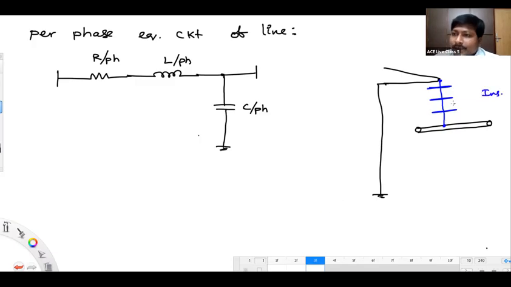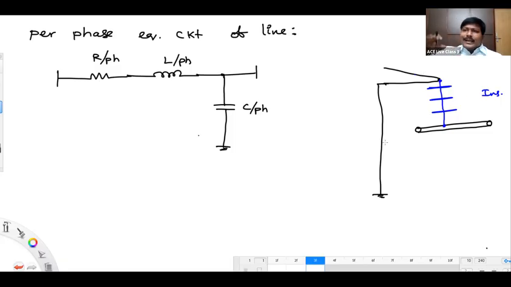So why are we keeping that insulator? Already we said, in order to withstand the electric stress experienced from conductor to tower, we are keeping that insulation. That's one reason. The other reason is to avoid flashover between the conductor and tower.